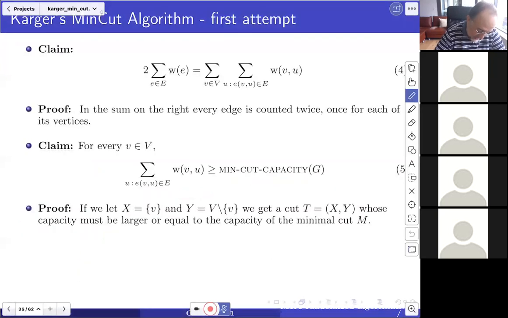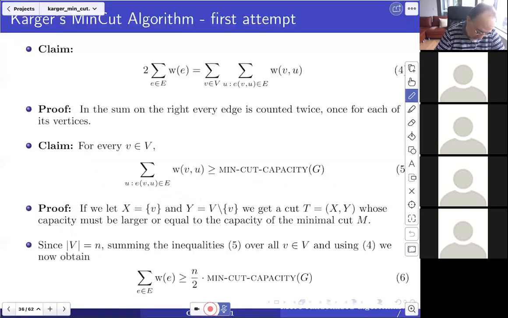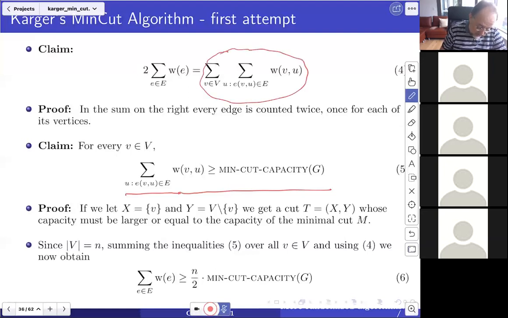So now what we can conclude is, assume that I sum up all these inequalities for all vertices V, one inequality for each vertex V. On the left, I'll get precisely this expression, which we know is equal to that.